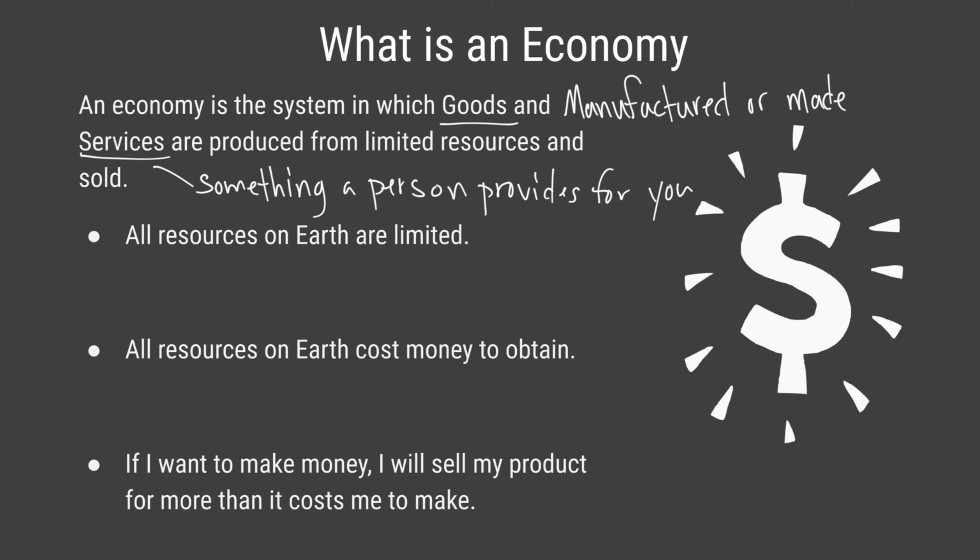And there are some fundamental truths that always come into play with an economy. The first is that all resources on Earth are limited. So Earth has a finite amount of mass, it has a finite amount of things on it, which means I can't produce unlimited things. If I want to make a computer, for example, I would need metals, right? I need metals to make the silicone chips.